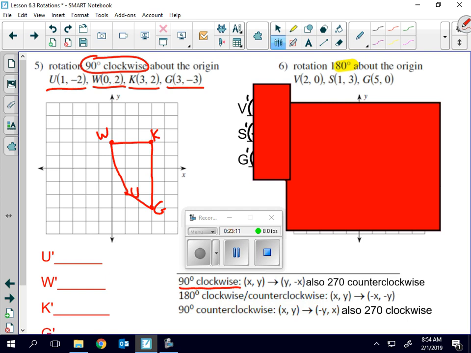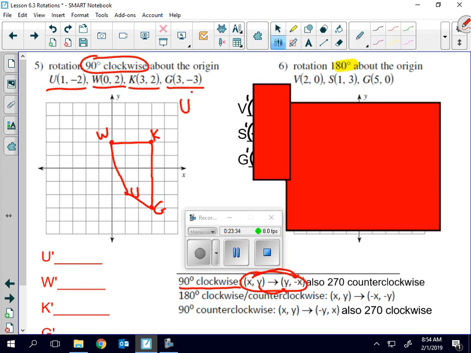90 degrees clockwise is this. Okay, so X goes into the Y spot, Y comes into the X spot. And we got to make the new Y negative. So for U, I'm going to do it right here.